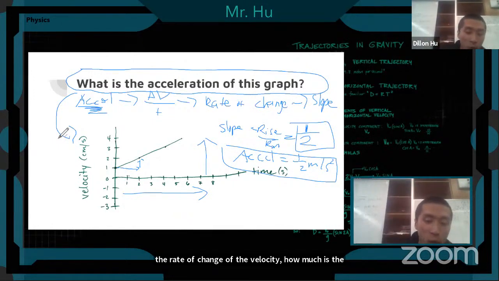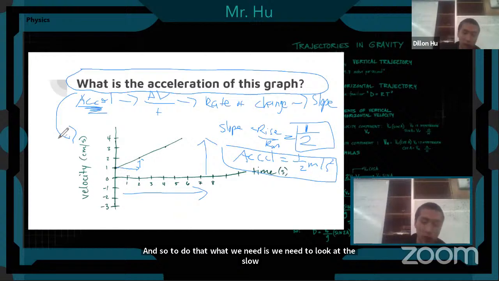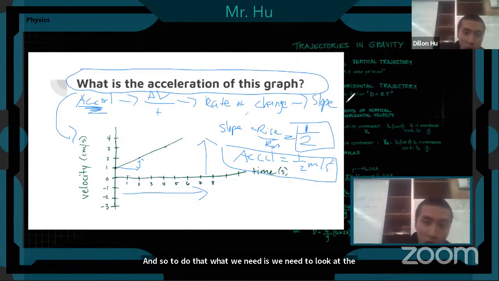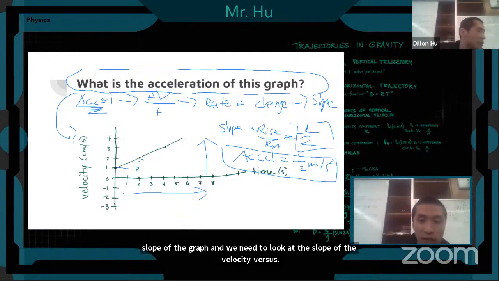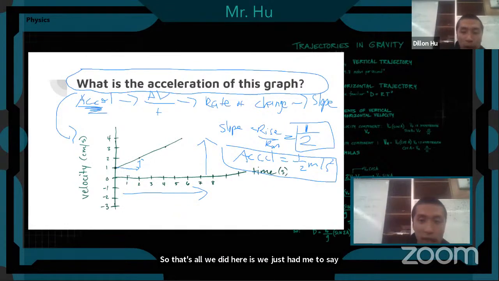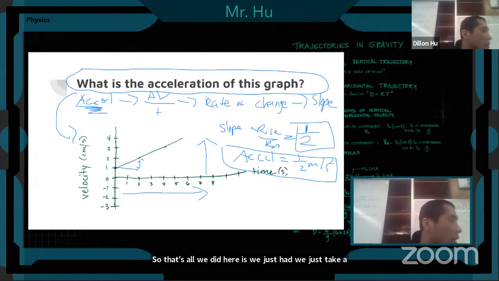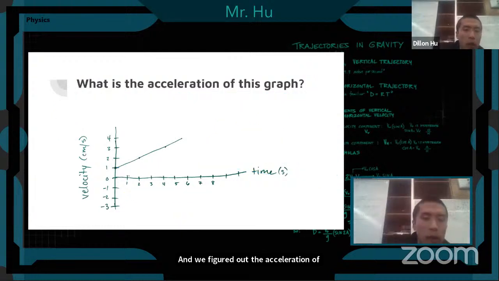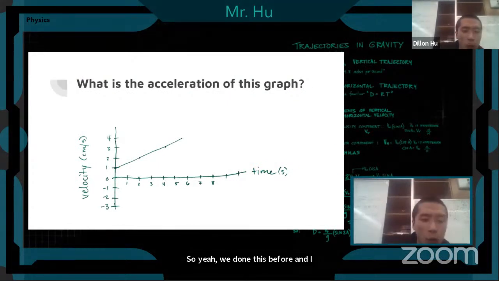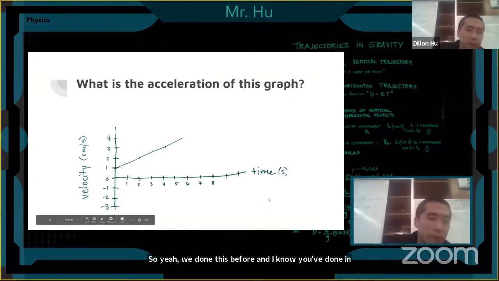To do that, we need to look at the slope of the velocity versus time graph. So that's all we did here: we took a look at the slope of the graph, and we figured out the acceleration. We've done this before, and I know you've done it in other classes. Now we're just adding a little bit of a word to it.